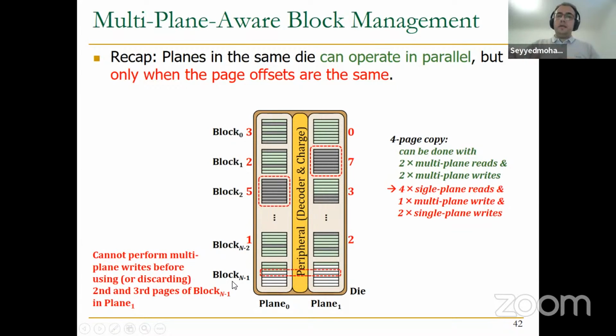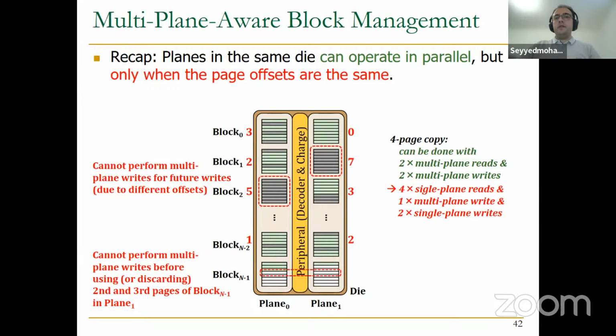Because in block n-1, the first 3 pages are valid, and after that we have 3 pages. But in plane 1, after page 1, we have 3 valid pages. So the FTL needs to discard the first, second, and third pages so that it can do multiplane operations.